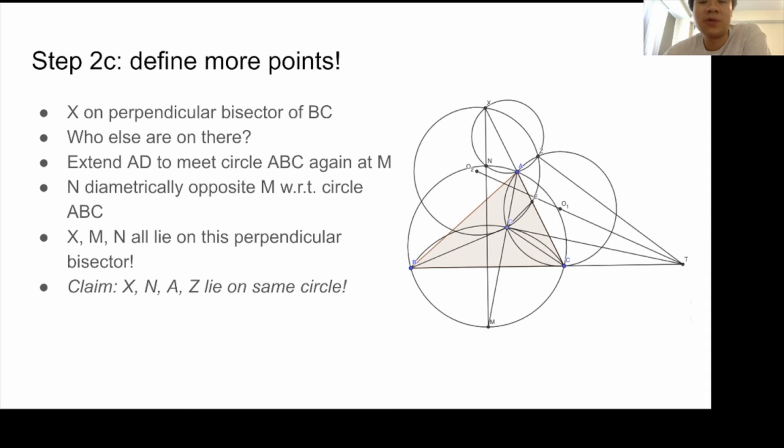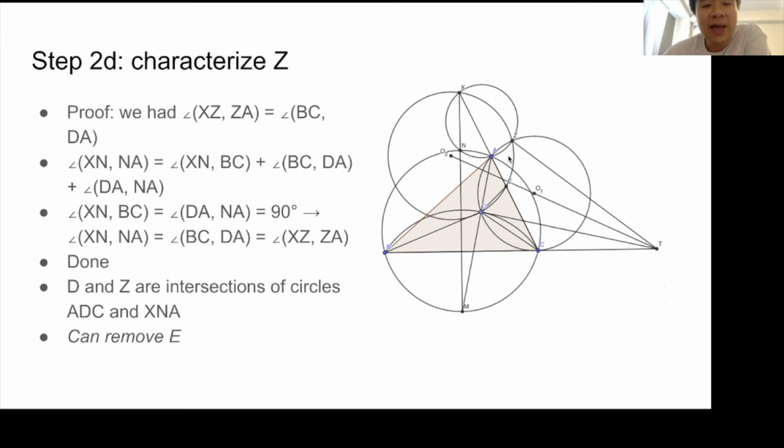So we want to claim that the points X, N, A, and Z lie on the same circle, and this is no longer hard because we already have this XZ equals XA, the angle equals the angle BCA.